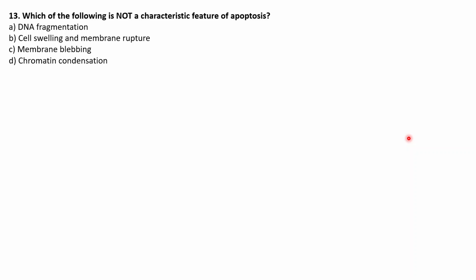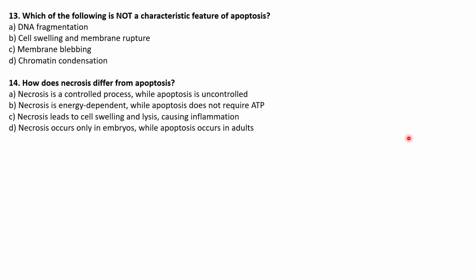So this is what is meant to happen, and you're also making sure that the whole process is not immunogenic, in the sense that proteins that are inside the cell that typically don't go outside, if they were to go outside, they'll cause inflammation. So in apoptosis, it's much more contained like that. It is not necrosis, which is where the cell swelling and membrane rupture can happen, and that can cause inflammation. Okay, so the correct answer here is B option, cell swelling and membrane rupture.